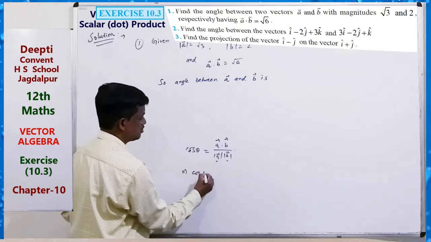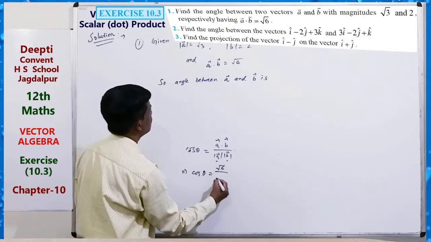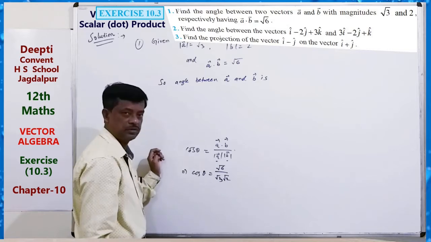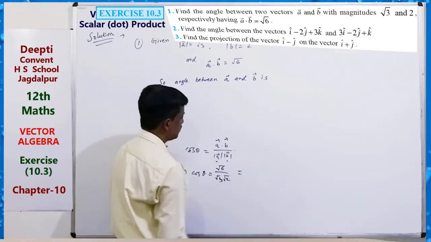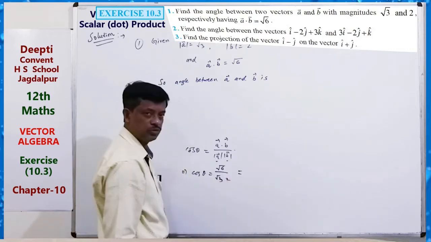So cos theta equals A dot B upon mod A mod B, that is √6 upon √3 into 2.